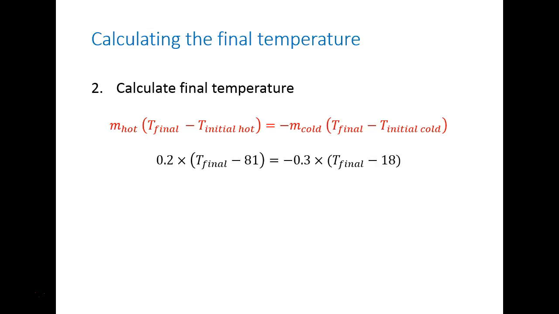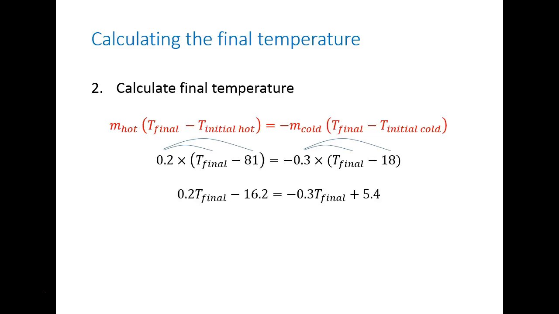What we are going to do next is expand out the brackets. So 0.2 multiplied by final temperature, and then 0.2 multiplied by minus 81. We do the same on the other side, and we get 0.2 T final minus 16.2 equal to negative 0.3 T final plus 5.4.